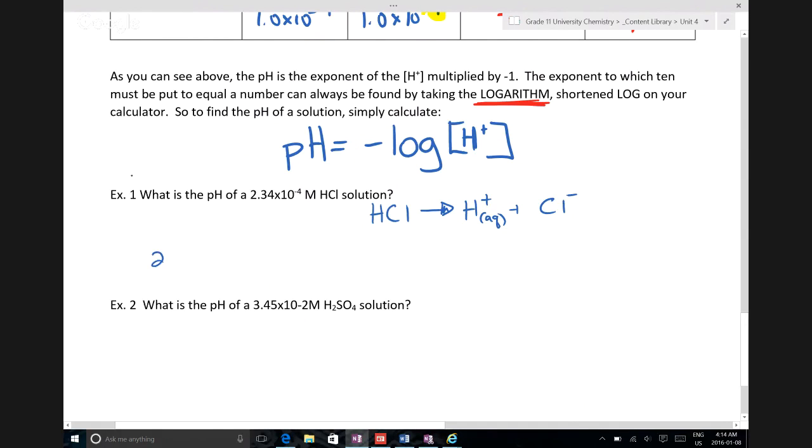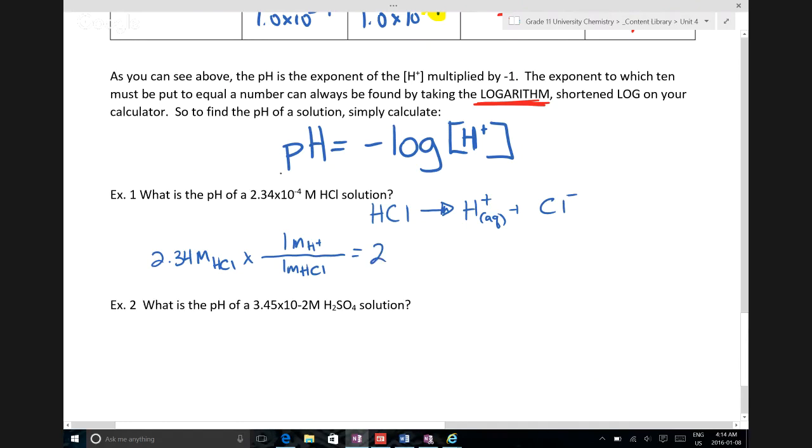And so if we have 2.34 molar HCl, we can remember that for every mole of HCl, which we want to cancel, we get an H plus ion.